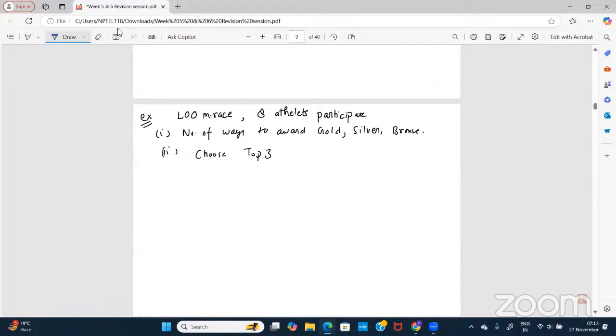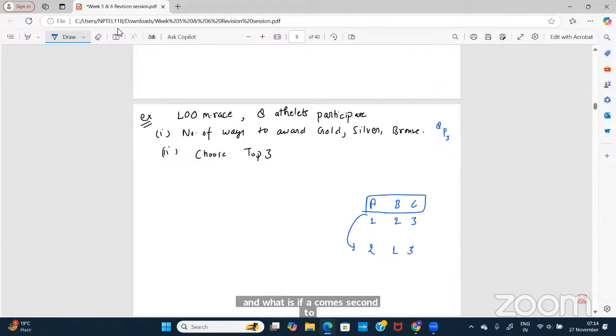In the first one, we know that order will matter here. Suppose out of 8, we have selected 3: A, B, and C. Suppose A comes first, B second, and C third. But what if B comes first, A second, and C third?